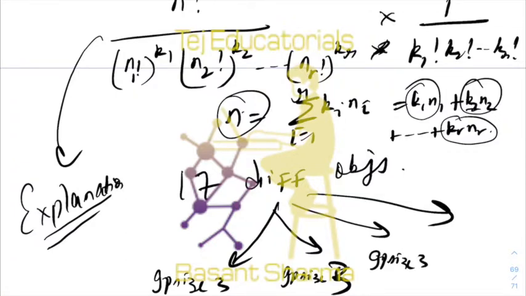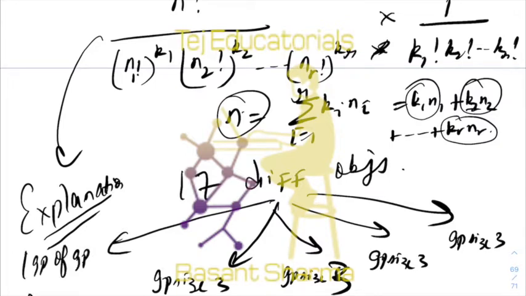Suppose you have 4 groups of group size 3, and 1 group of group size 5.